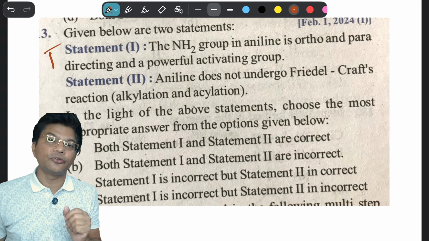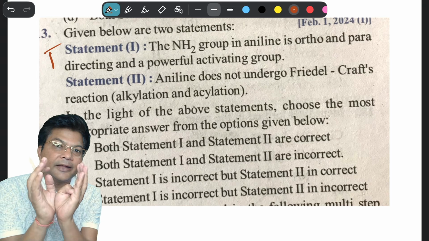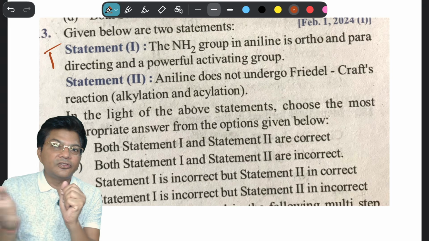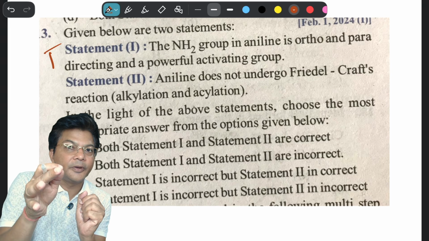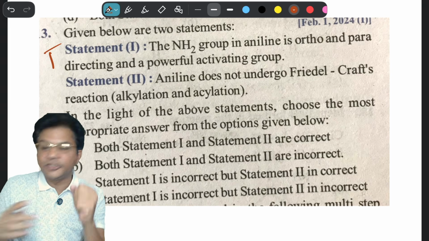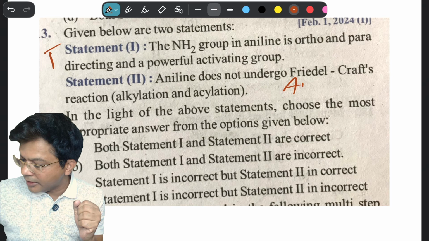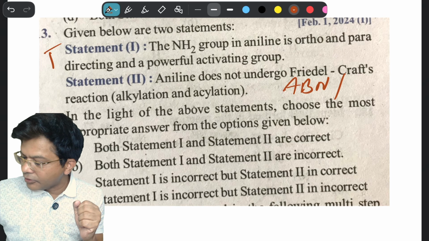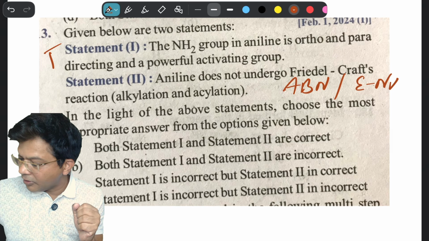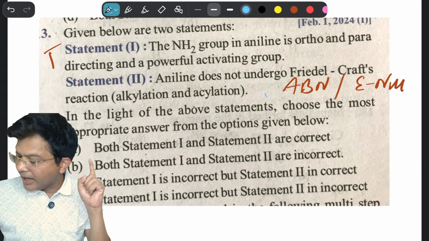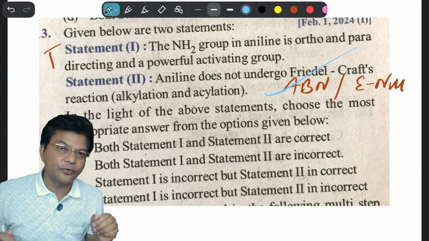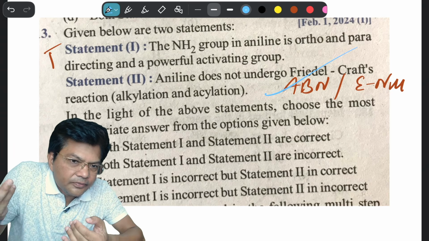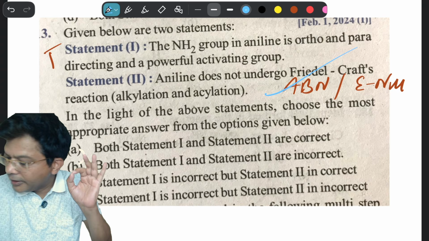This is also true because in aniline, nitrogen's lone pair, AlCl3 will attack on the lone pair. Whenever there is competition between acid-base neutralization and electrophilic nucleophilic reaction, always give preference to acid-base neutralization because that is fast. It will form a salt, so it will not show Friedel-Crafts reaction.